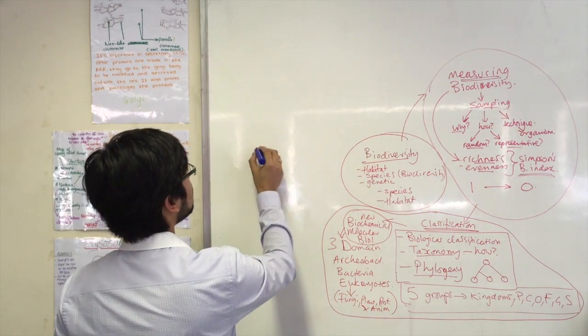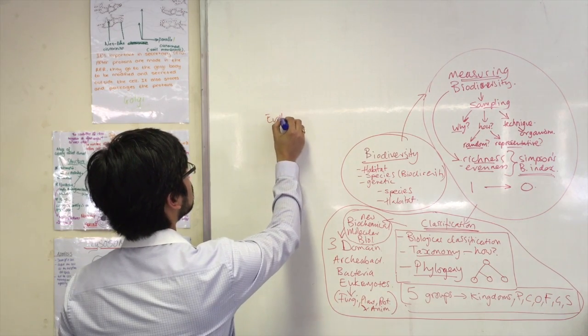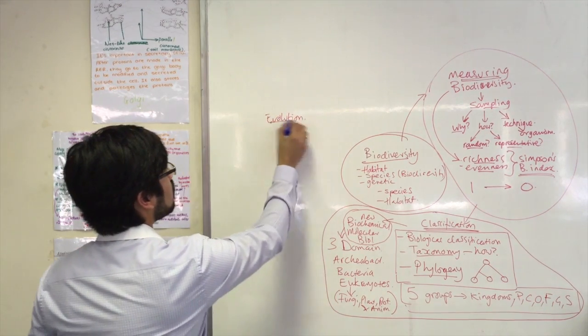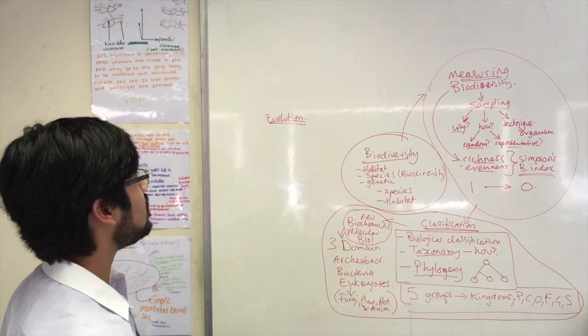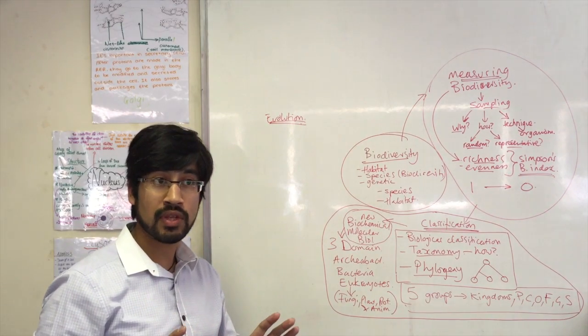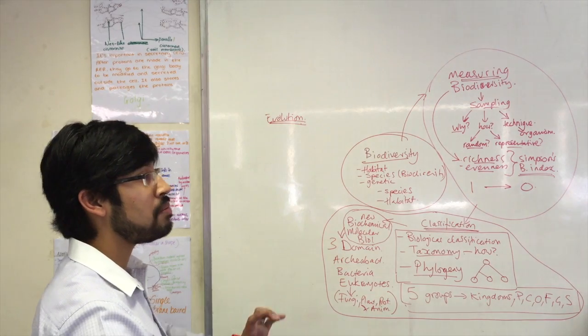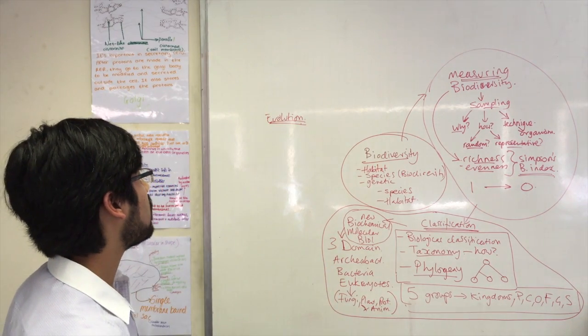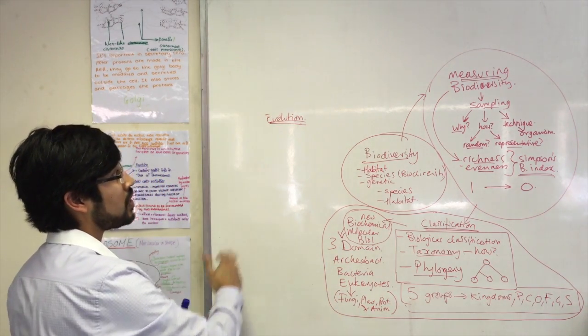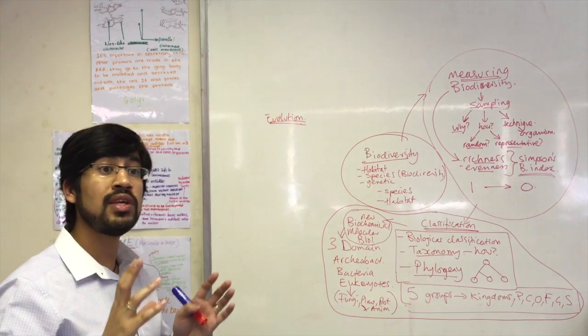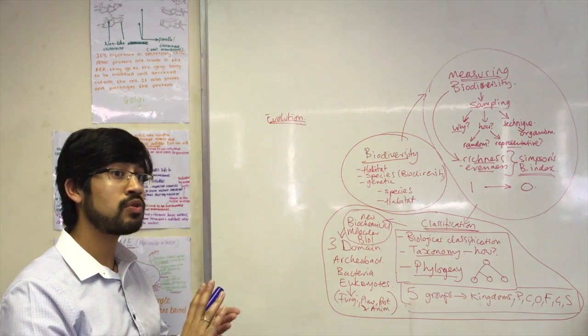Okay, so the next thing is evolution. And this is a really important concept, okay? You'll find it cropping up in many aspects of F212. So it's really important that you understand this. Just like it's really important that you understand all your biological molecules.